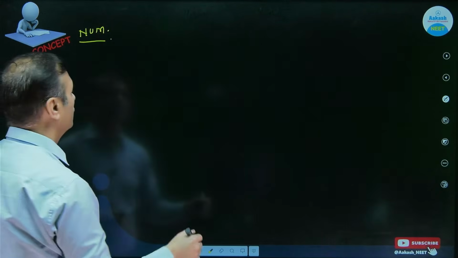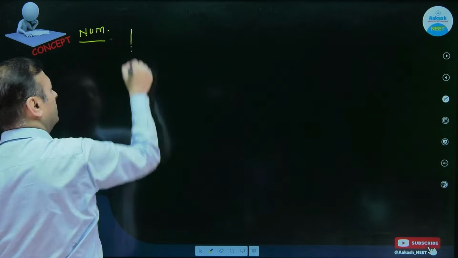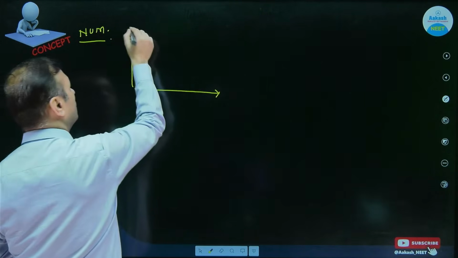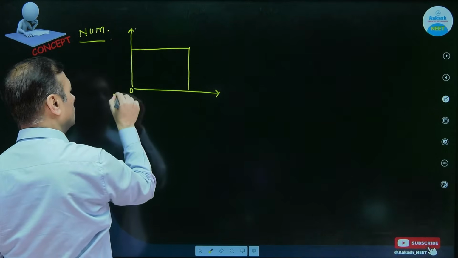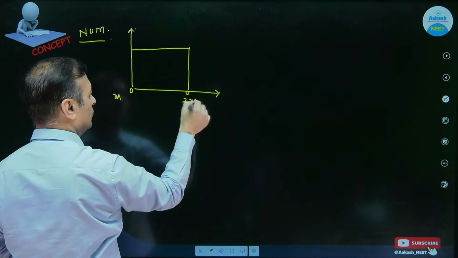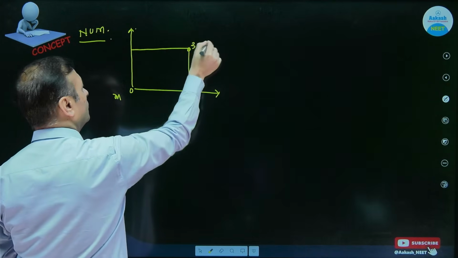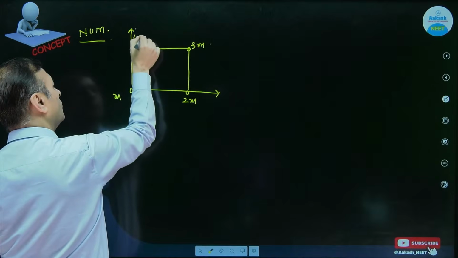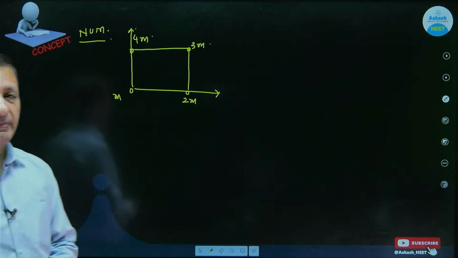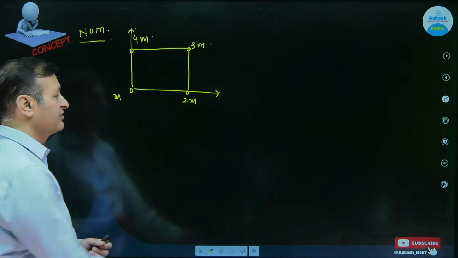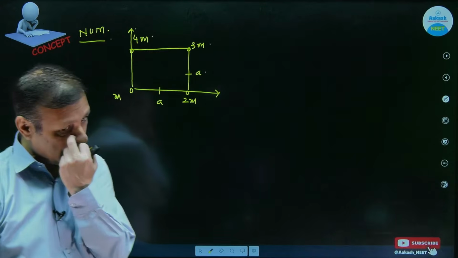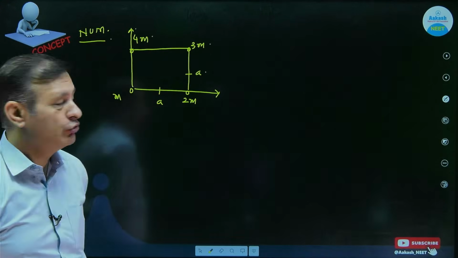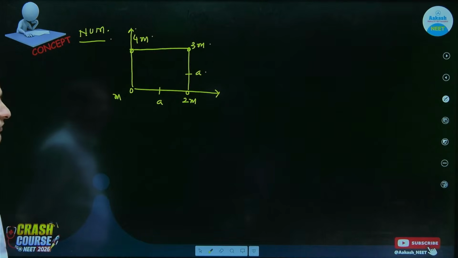Now let's move to a 4-particle system. So now we are keeping all these 4 masses as different masses. So this is, let's suppose, a square of side A. Now if I ask you how you will find out the center of mass of this, can you give me the center of mass?